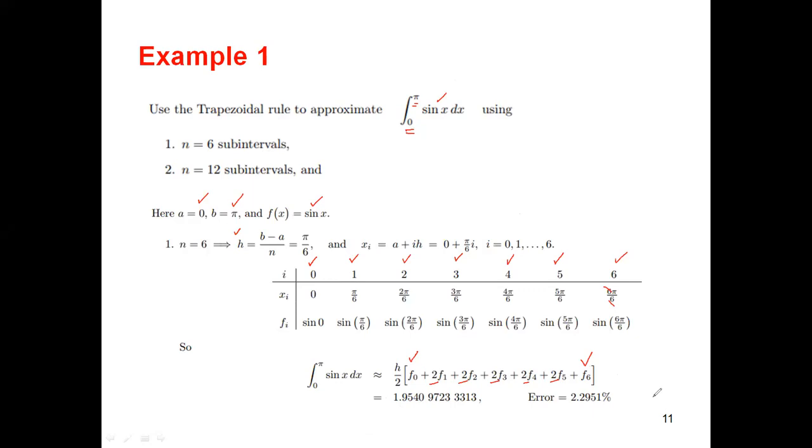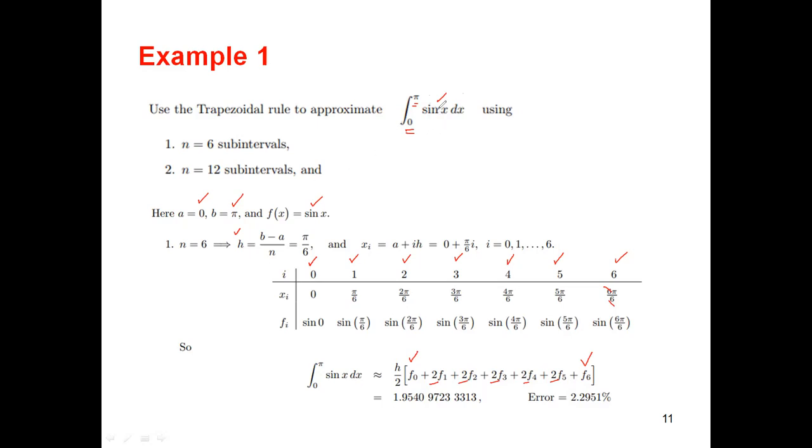The error is simply the actual value minus the approximate value, divided by the actual value. So how do you get the actual value of the integral of sine of x from 0 to pi? It's very easy, actually. All you have to do is use your calculator. You have the integral function there, so place in sine of x with the limits 0 to pi.